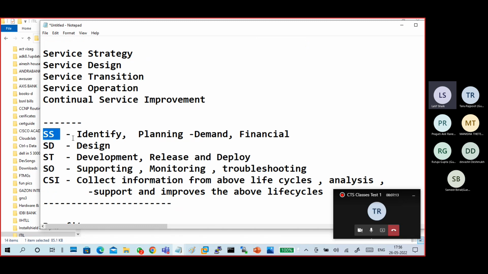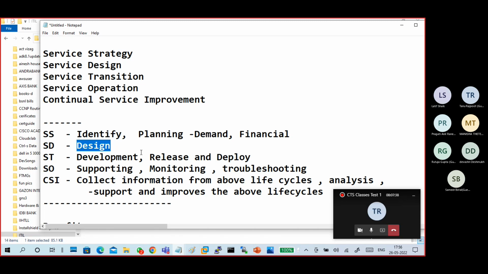Service strategy is basically identifying what business it is. You have to plan according to it. In service design, design the service according to your planning and based on your previous experiences or previous designs or redesigning. Using certain tools, you can design it also.